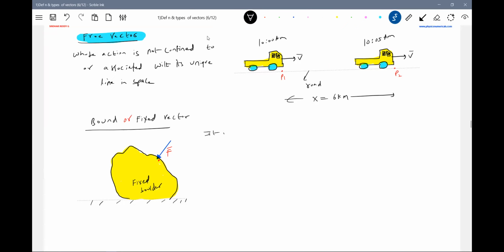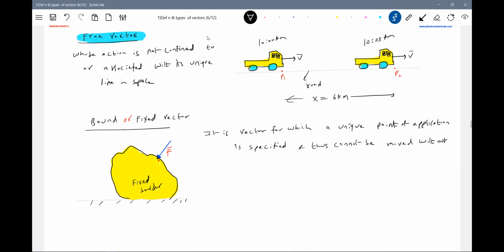So it's a vector for which a unique point of application is specified and thus cannot be moved without modifying the conditions of the problem.